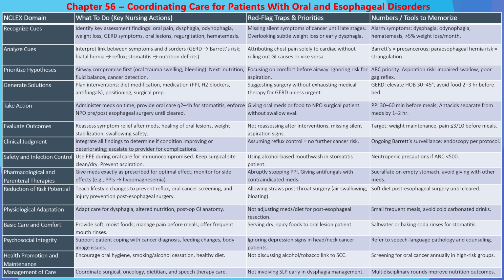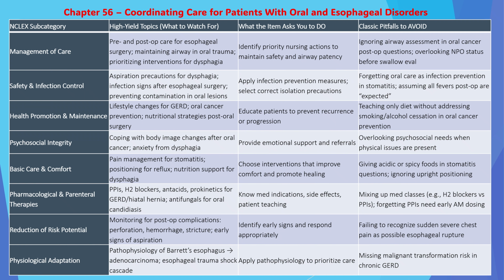Then we go to the next slide. Here we have our pie, the original pie. Here is what to watch for, what the item asks you to do, and the classic pitfall to avoid.